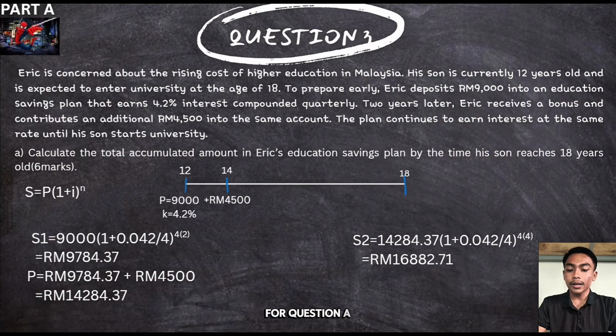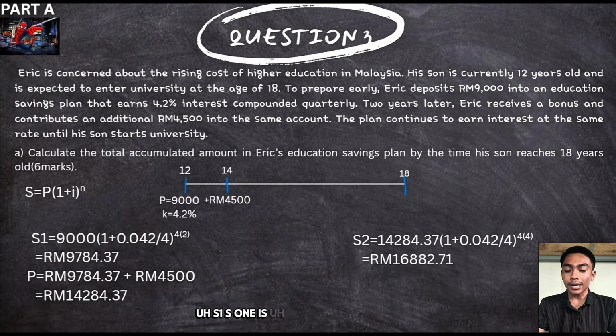For question A, the question is to calculate the total accumulated amount in the early education saving plan by the time his son reaches 18 years old. Okay, for this question, we should find S. We will use the compound interest formula. The formula is S equals P multiply (1 plus i) powered by n. First of all, we find S1.